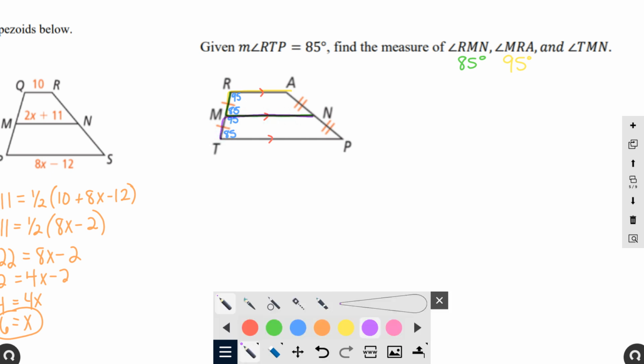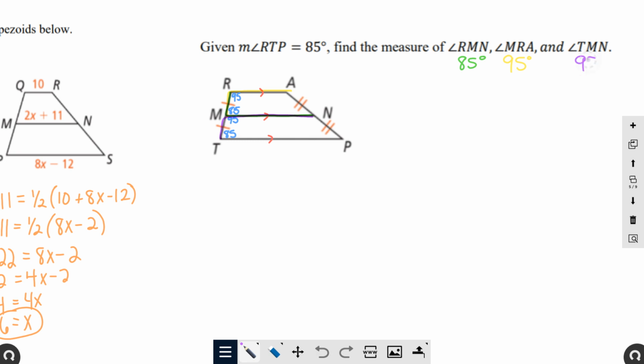TMN, yep, you're right on saying 95. So 85, 95, 95. So if it's not isosceles, but you have the medians, the ones over here on the left side should be same side interior, which are supplementary, or corresponding, which are congruent.